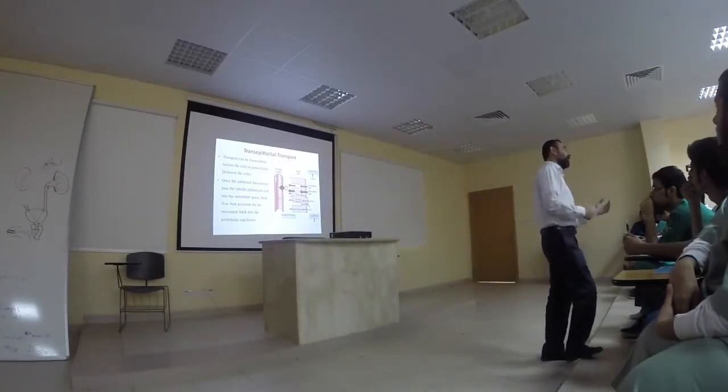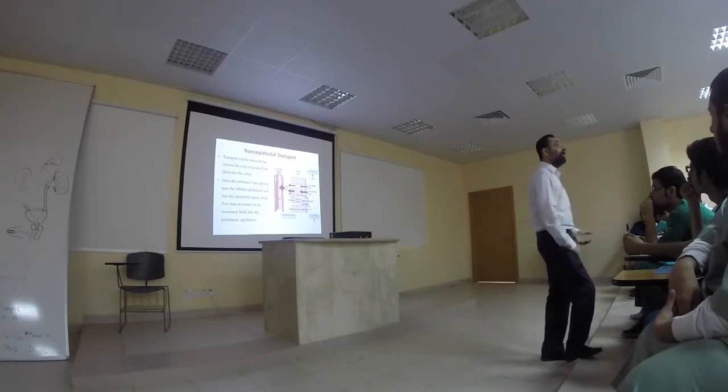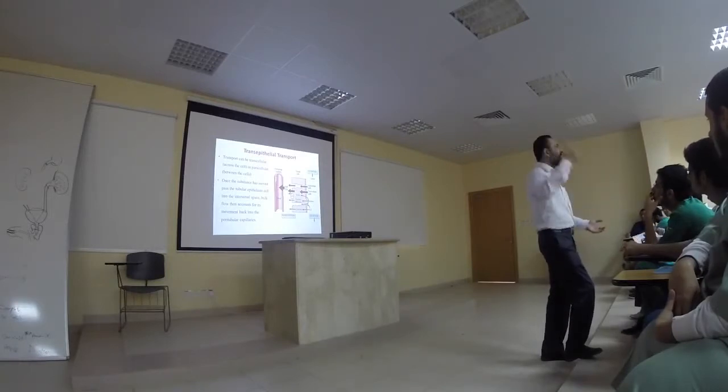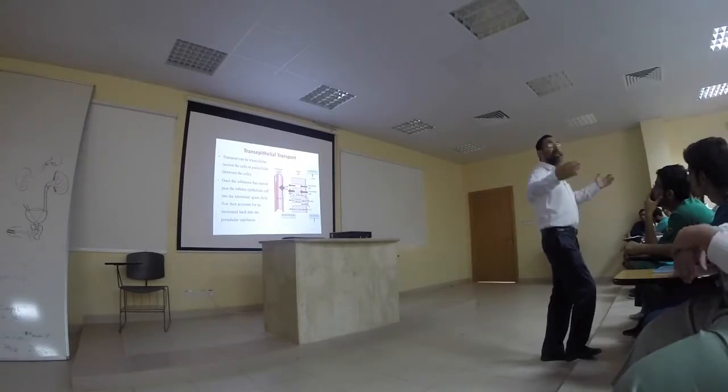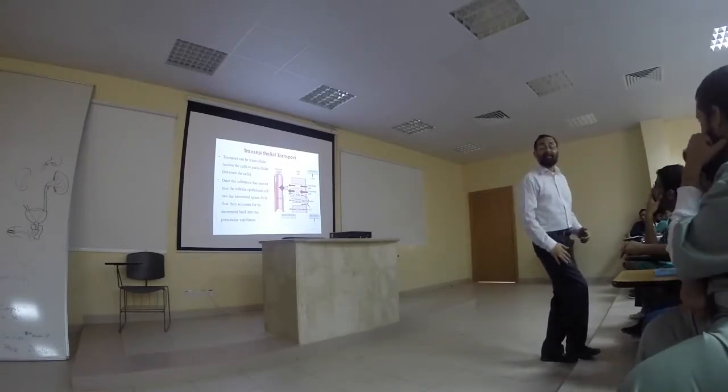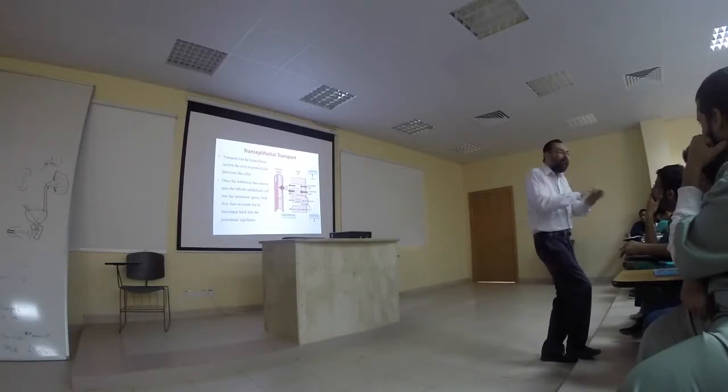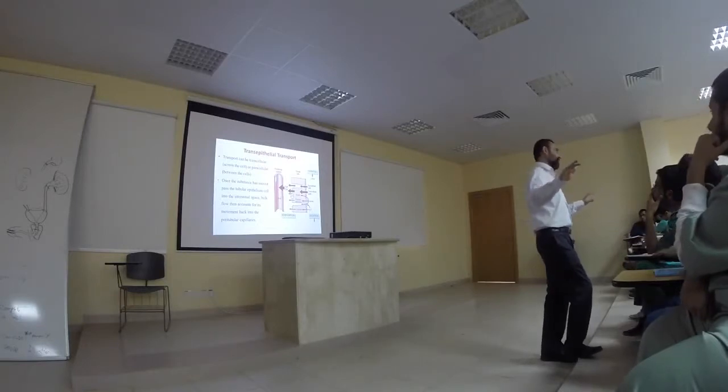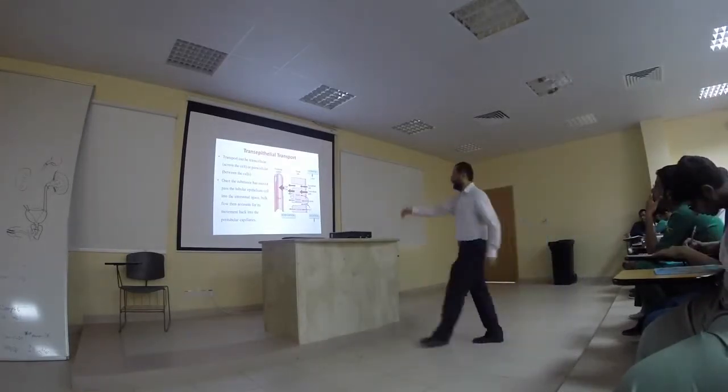Yes. Facilitated diffusion? You will see it here. Primary active transport is very prominently seen here. Secondary active transport has so many mechanisms available because you are reabsorbing so many substances. They have different behavior. So everything is a possibility here.